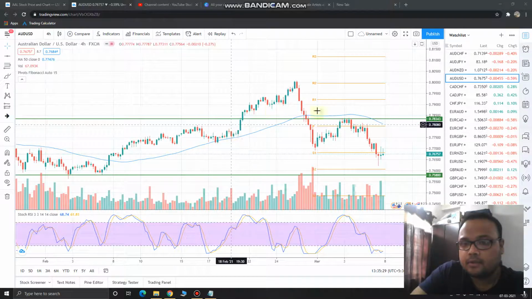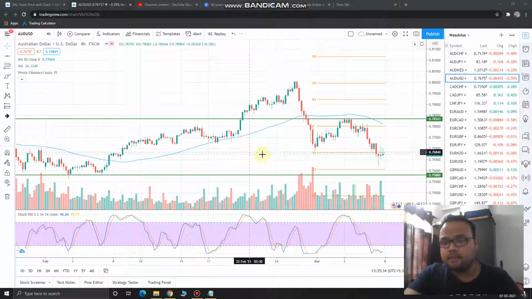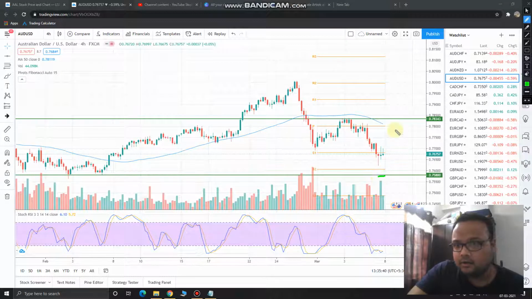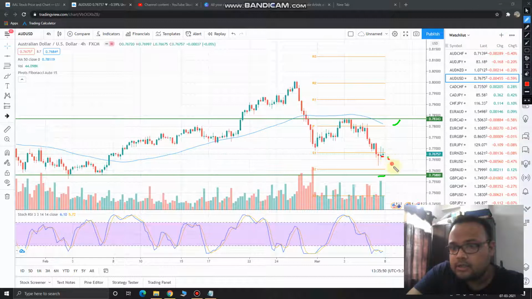Okay. So you can see I have marked two important levels on the market. So we need to wait for the market to come down to this level. If market starts coming down, then we just need to observe how the price reacts around this level.